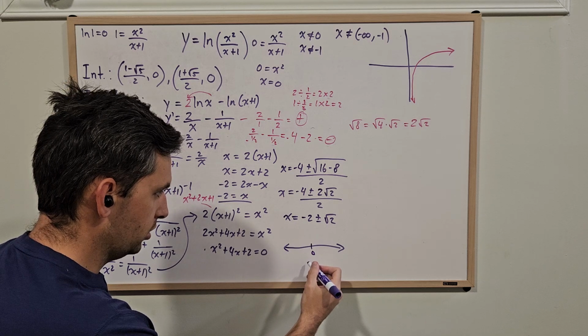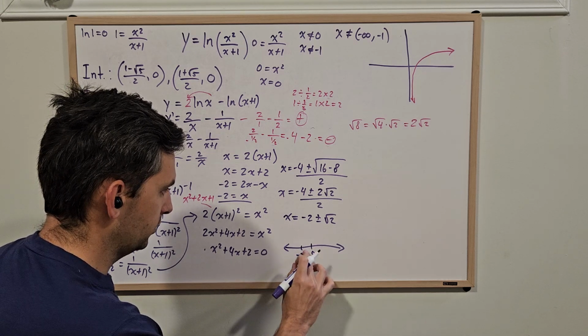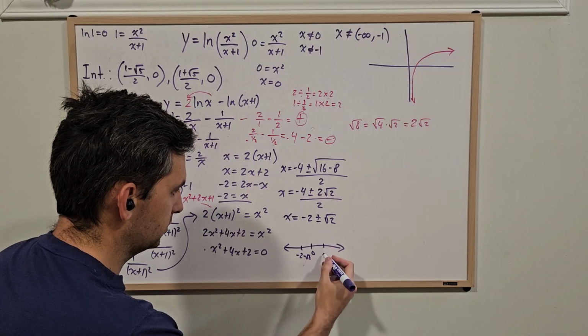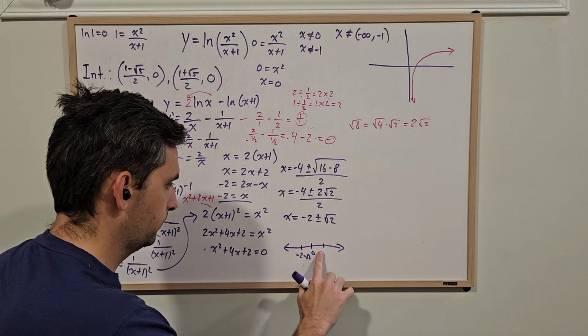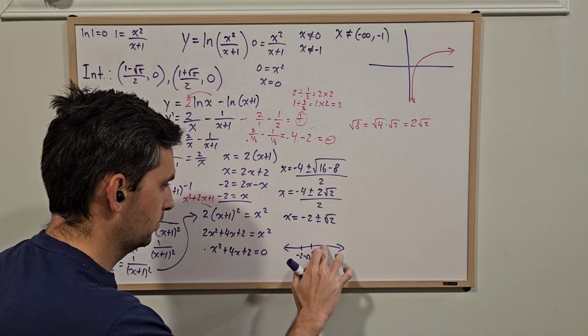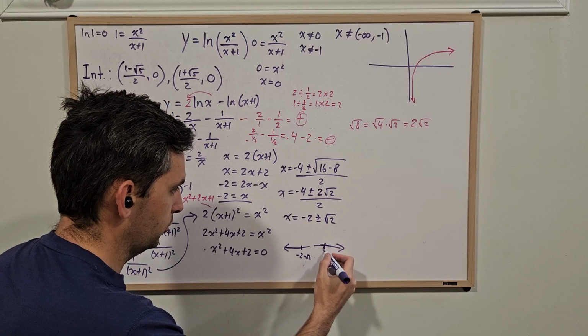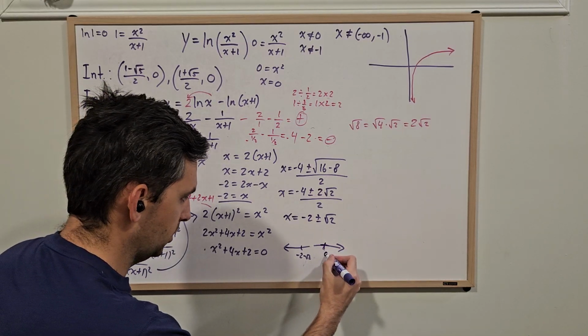this is my 0 here, so I'm just going to make arbitrary points here. This is going to be negative 2 minus root 2, and this is going to be negative 2, oh, excuse me, my 0 is actually going to be over here. Both of these values are going to be negative.